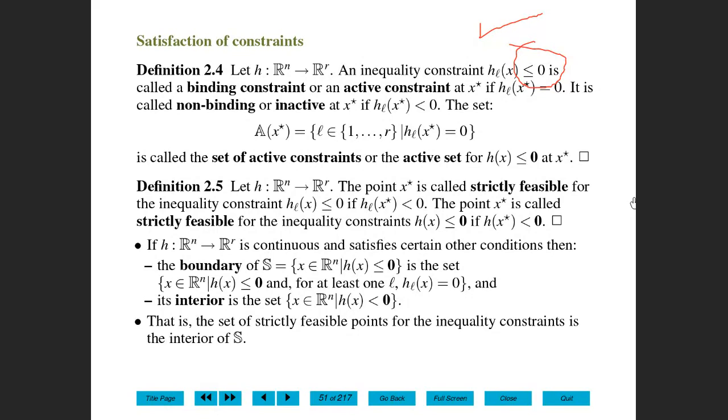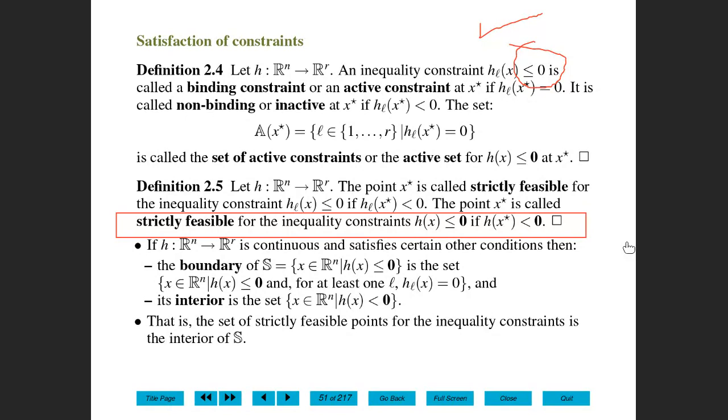So another name is strictly feasible. Okay. And where is it written? It's written here, that strictly feasible is when you are getting a value which is less than 0. Okay.